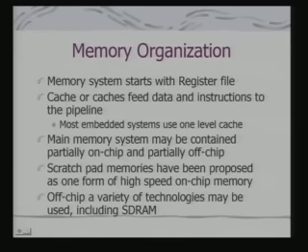Off chip memory can include memory made with a variety of technologies, including synchronized DRAM, because synchronized DRAM gives you fast data access, particularly in burst mode synchronized with the system or bus clock.